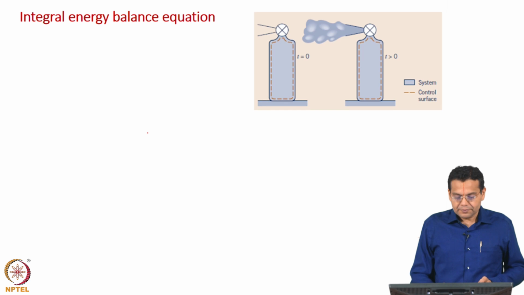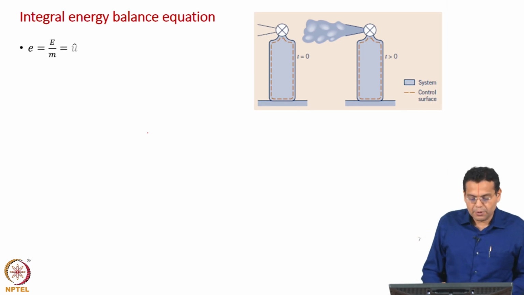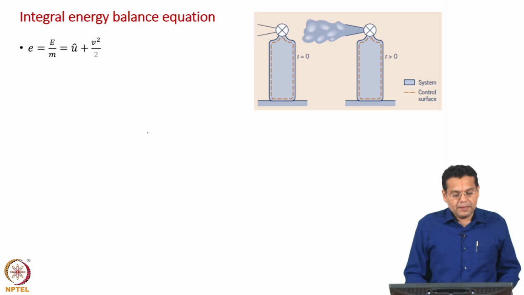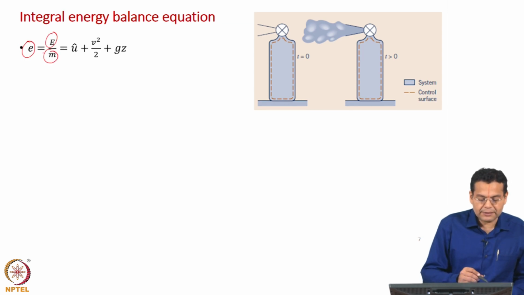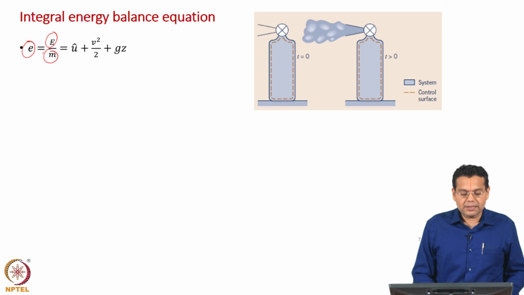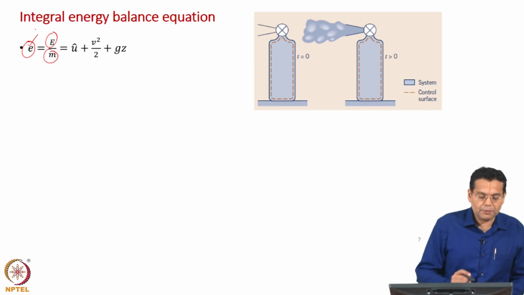Now we will introduce a notation, small e, which is capital E per unit mass. What is capital E? That is the extensive property energy, and if you divide the extensive property by mass you get the intensive property energy.